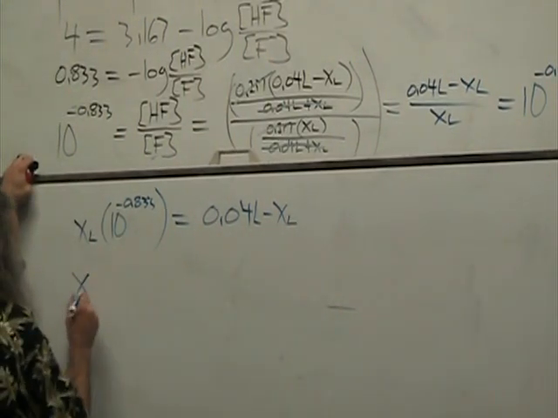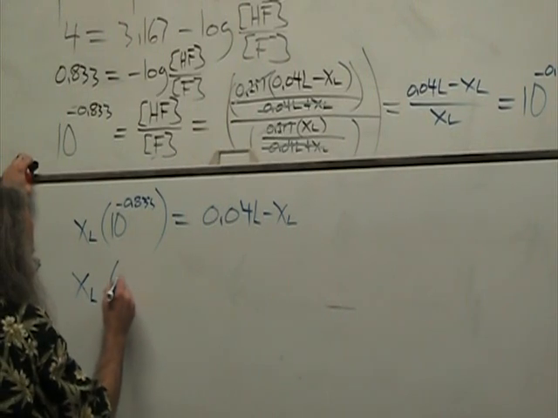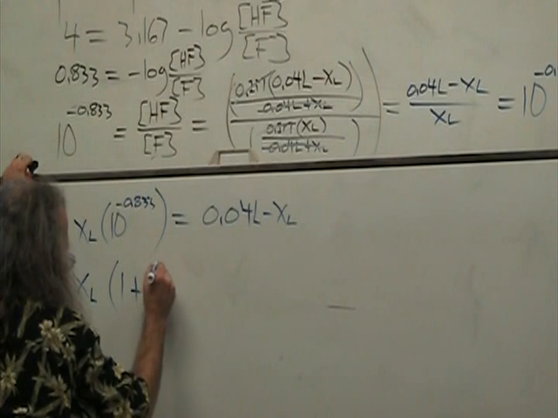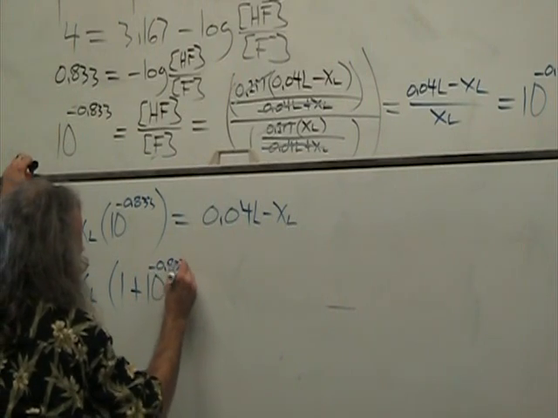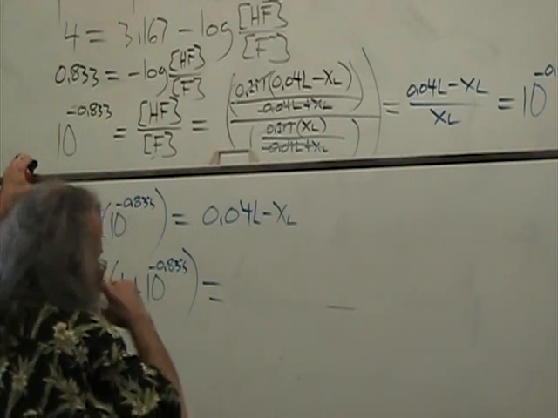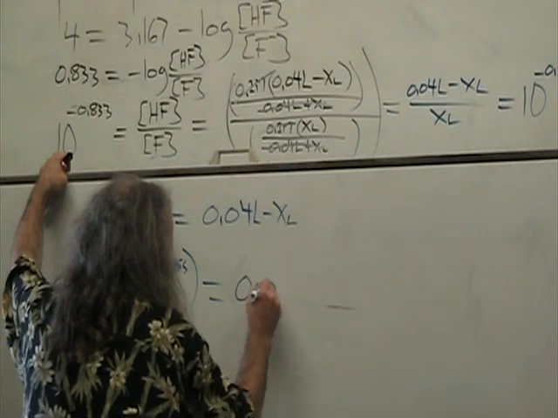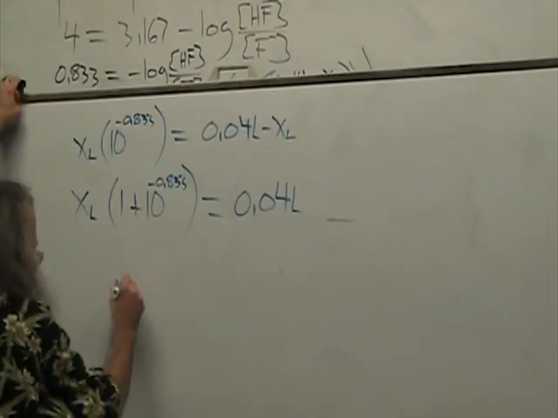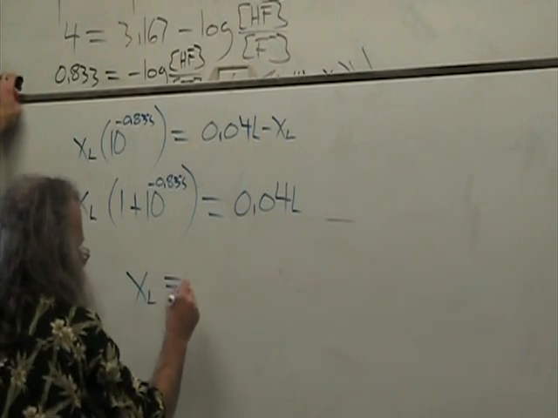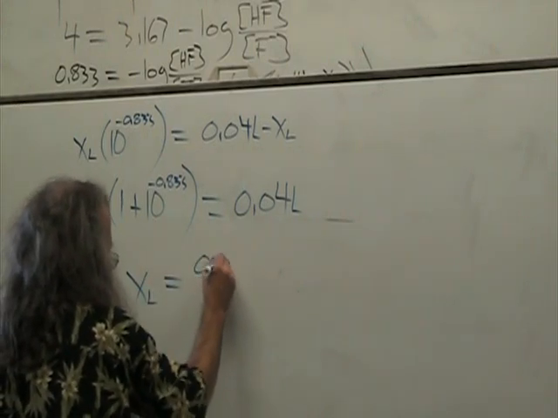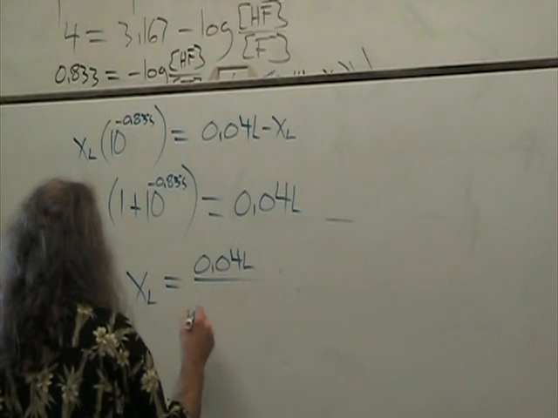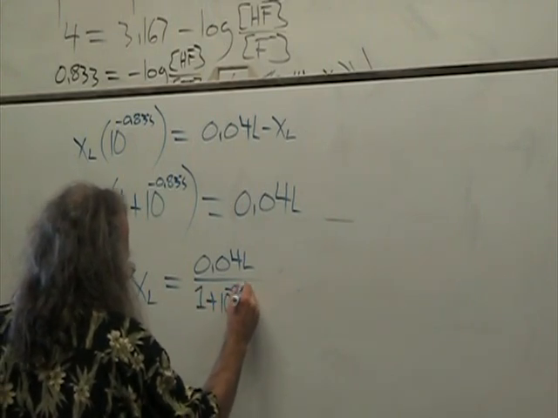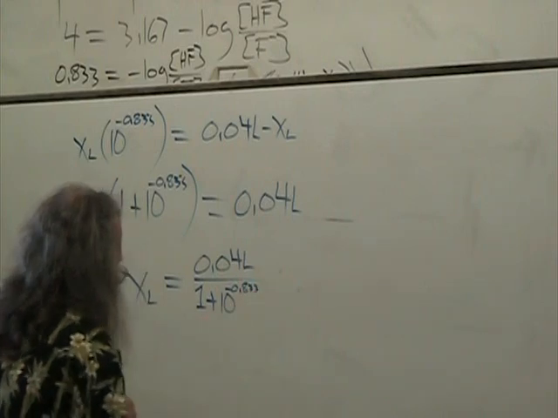So X L times 1 plus 10 to the minus 0.833 is equal to 0.04 liters. And X liters is equal to 0.04 liters over 1 plus 10 to the minus 0.833.